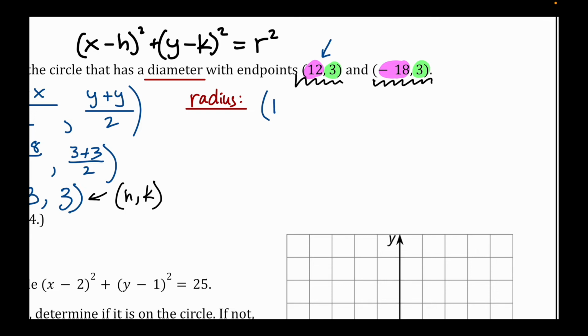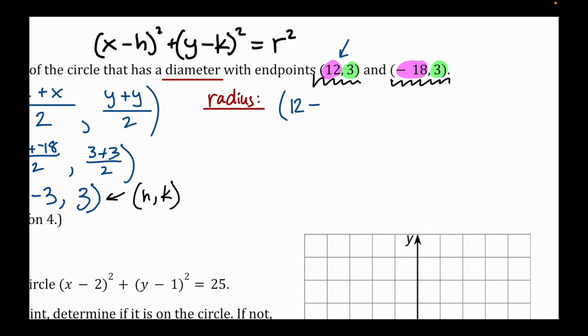So 12 is going to be my x, minus negative 3, squared. And k is the positive 3, and the y value here is 3. So we're going to have 3 minus 3, because y minus k, squared, and that's equal to the radius squared.